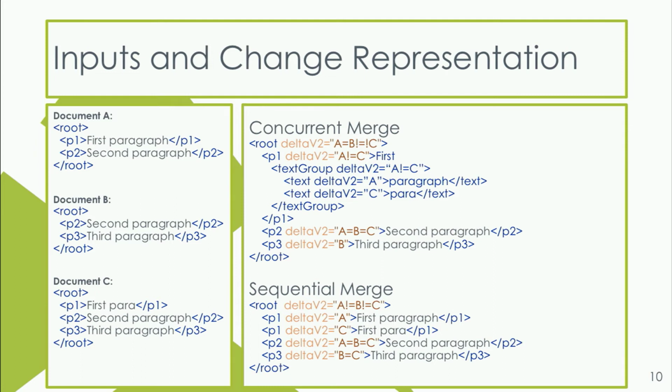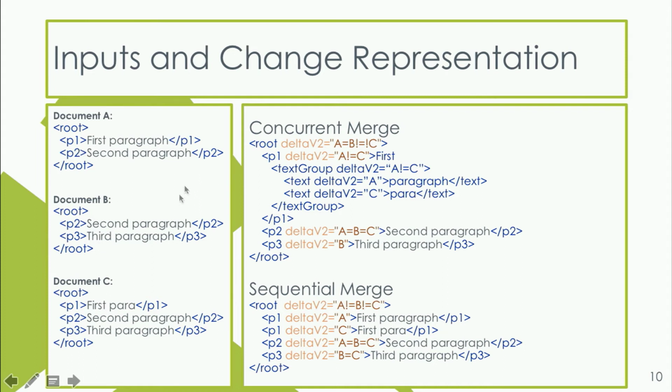So if you look at document A, which has first element P1 and then P2, if we consider that document B and document C are edited concurrently from document A, then we can see that document B doesn't have a P1 element, so it's a delete.